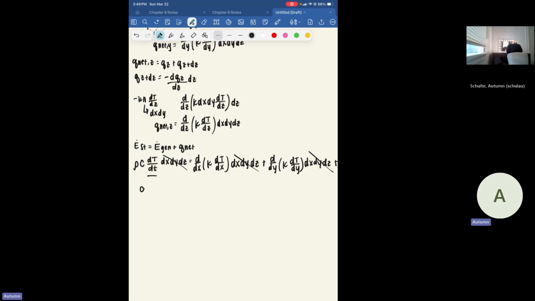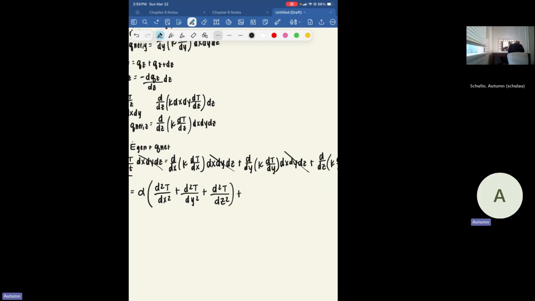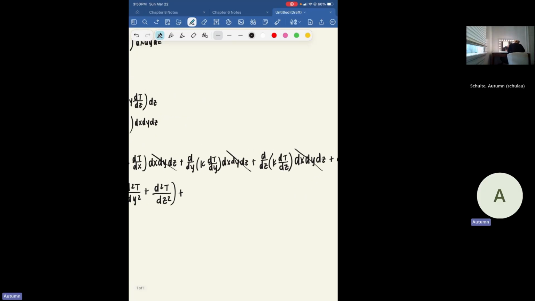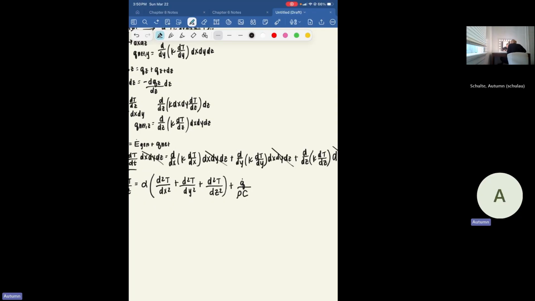rho C, we're left with the derivative of temperature with respect to time is equal to alpha, our thermal diffusivity, multiplied by the second derivative of temperature with respect to x, plus the second derivative of temperature with respect to y, plus the second derivative of temperature with respect to z, plus our energy generation rate term divided by our density and our heat capacity.